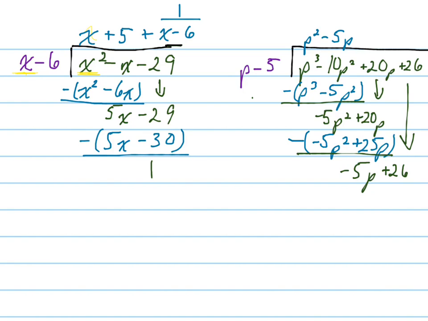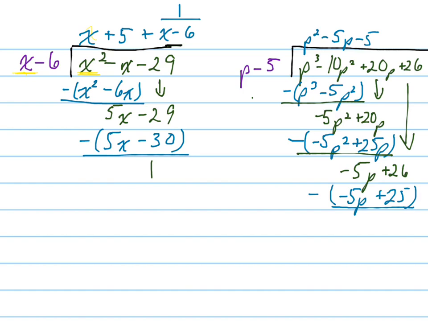And how many times does P go into -5P? That's minus 5 times. So it's minus 5. So we multiply that all out, and we get minus 5P plus 25. And we're subtracting again.